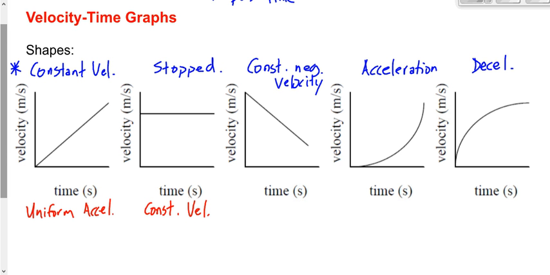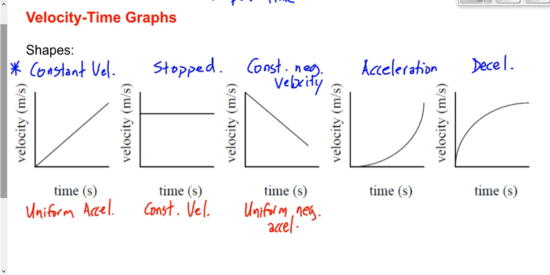Next, constant negative velocity? No, the velocity is changing here, right? So how would we describe it if the velocity is changing and the velocity is decreasing as time goes on? Yeah, we would say this is a constant deceleration or constant negative acceleration or a uniform negative acceleration. Any of those things would work.